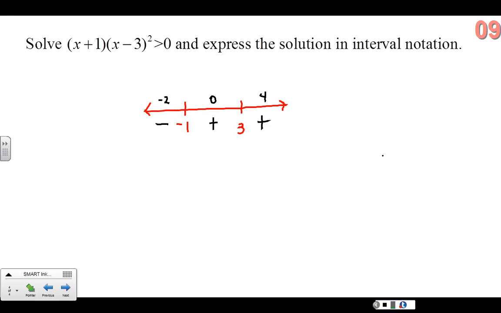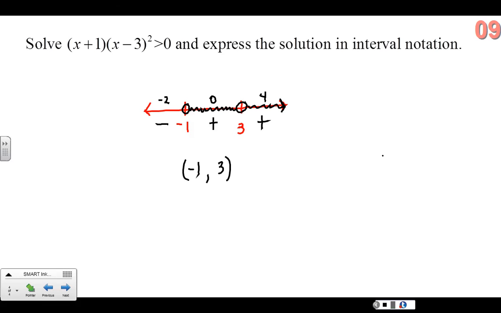And it's not equal to 0, so we want to not include any endpoints. So if we don't include that endpoint, we have to do all this way. So let's say the interval notation on this will be interesting. It will be from negative 1, comma, up to 3.